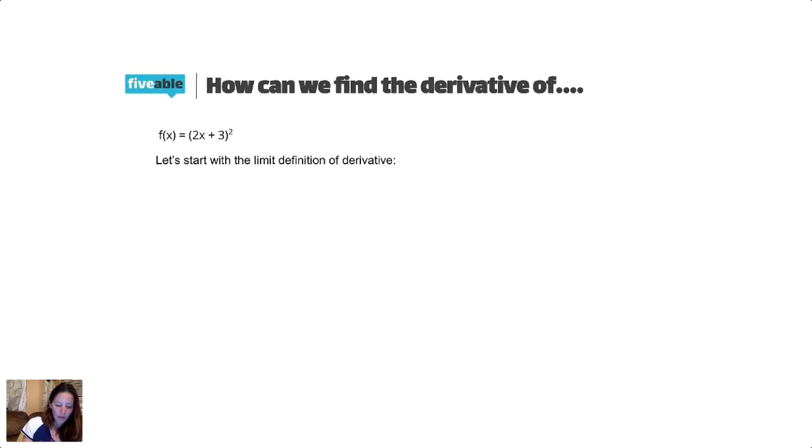Okay, so remember the limit definition of derivative basically says that I want to take the limit as h approaches 0. And then we're going to do f of x plus h. So we're going to take that function, and instead of x, we're going to write x plus h.